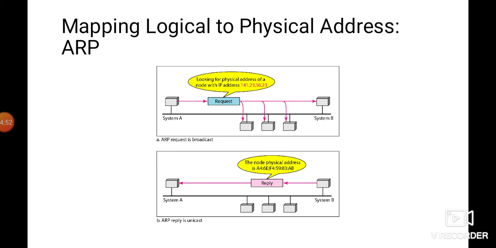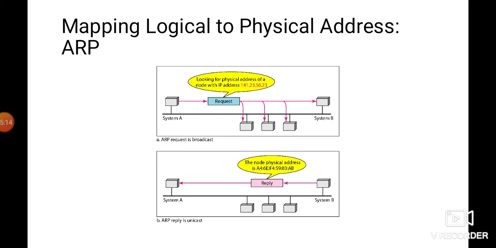So the host, or the router, sends an ARP query packet. This packet includes the physical and IP addresses of the sender and the IP address of the receiver, and what it wants in return is the physical address of the receiver. Because the sender does not know the physical address, this query is broadcast over the network.